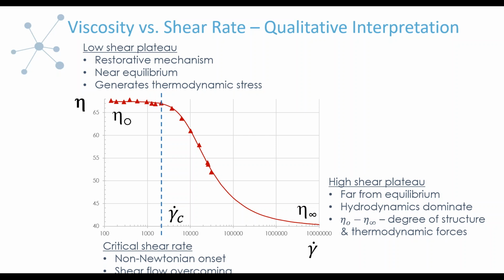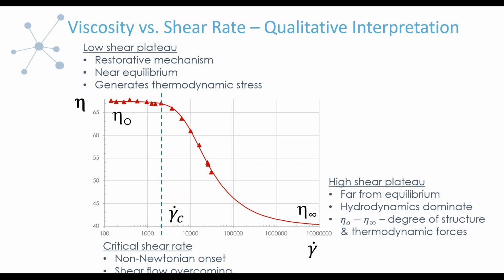Let me try to say that in a little simpler fashion. You have these molecules in aqueous solution, and you're imposing some external flow field. Prior to imposing this flow field, they had an equilibrium structure, and they liked being in this particular spatial arrangement. It was the minimum energy. Now, however, you're coming in and trying to disrupt it.